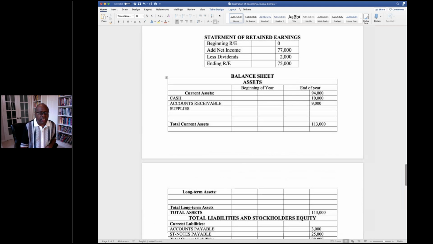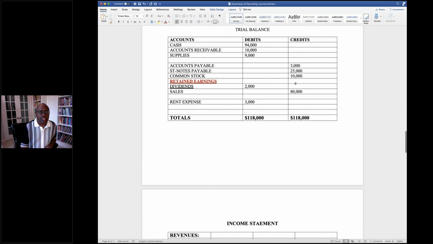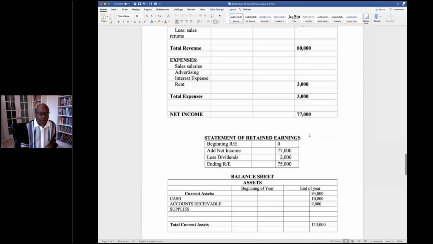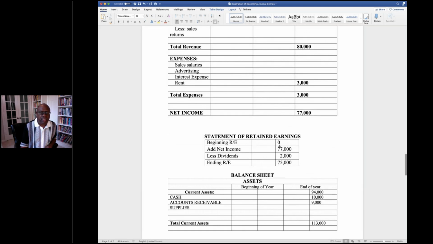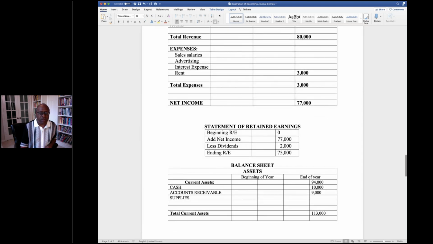Now the retained earnings on the trial balance is 0, because this is the beginning retained earnings. But having prepared that statement of retained earnings, we know that the retained earnings at the end of the period is $75,000.